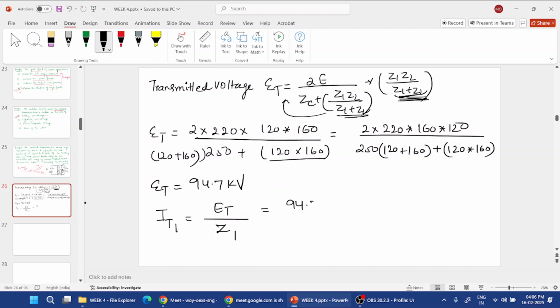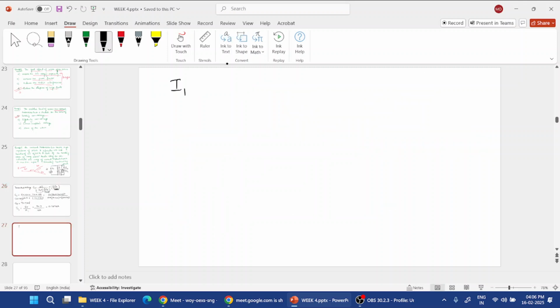The voltage we just calculated, 94.7, divided by 120 comes out to be 0.789 kiloampere. Similarly, we can calculate the transmitted current in the second branch, which is 94.7 divided by 160. It comes out to be 0.592.